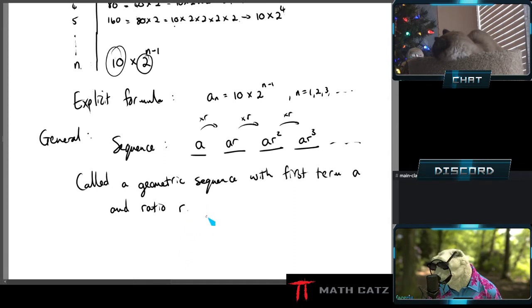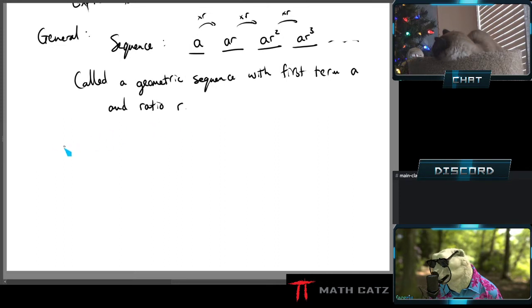I can extend my formulas by looking at my specific example. So the recursive formula is really just the direct translation, right? Start with the first term, and then to get the general term, take the previous one and multiply it by the ratio.